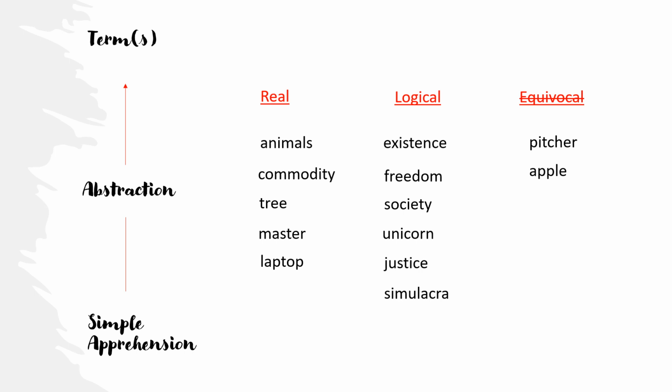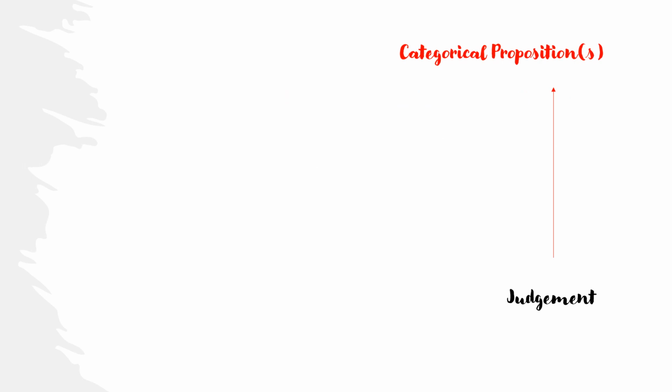And from here, we move on to the next, categorical propositions, as the next important structure for the entire epistemic pursuit.